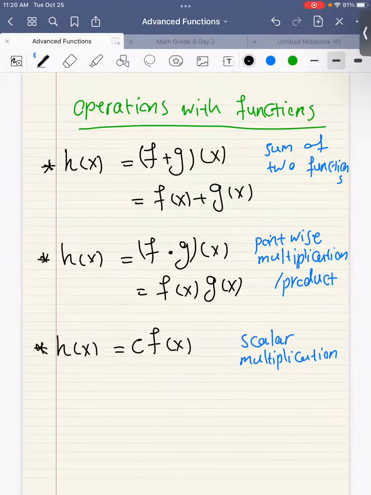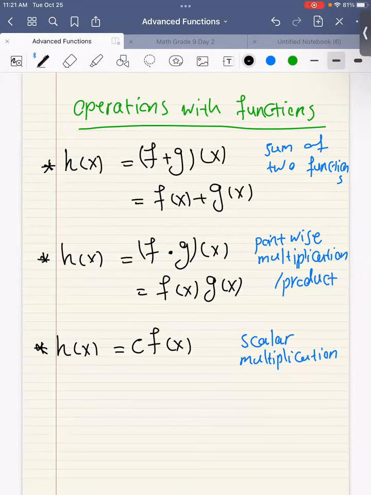In particular, you can define minus 1 times f of x. And once you define that, you can subtract functions because you know how to add two functions. So f minus g is just f plus minus 1 times g. So far we have the sum of two functions, subtraction, multiplication, and multiplication by a scalar.